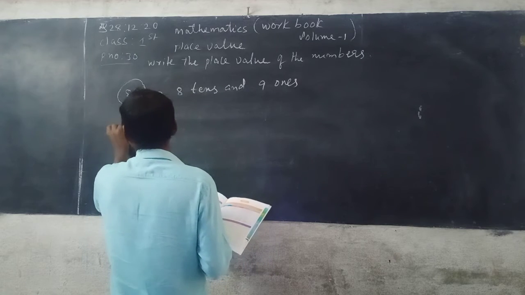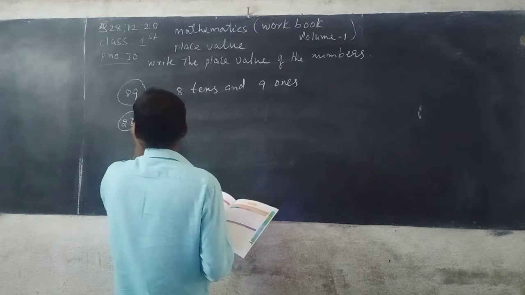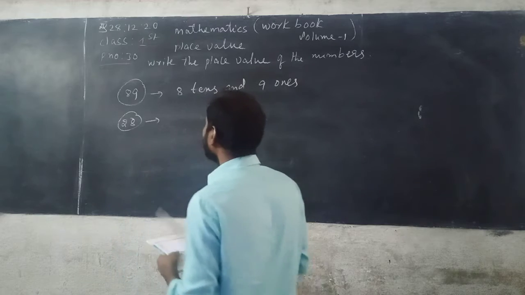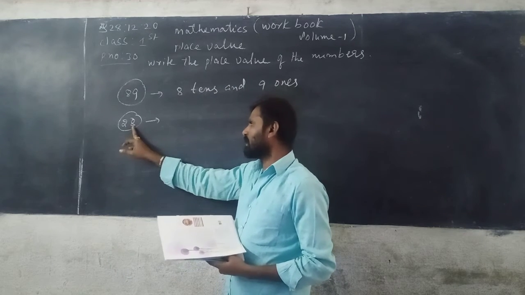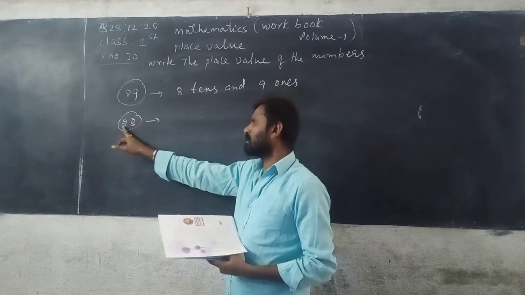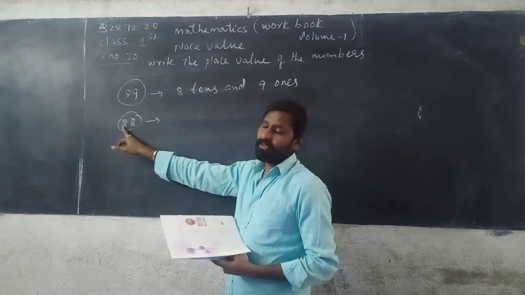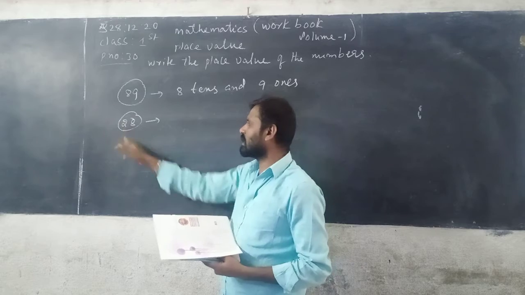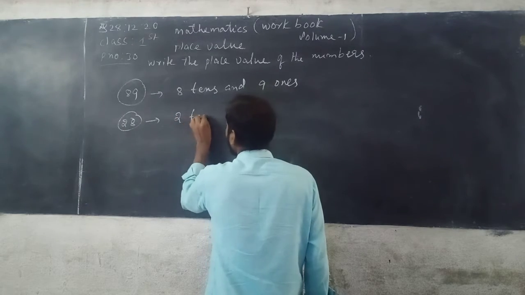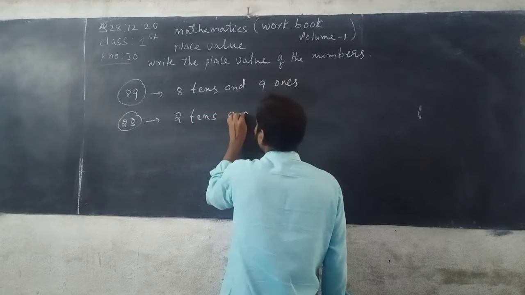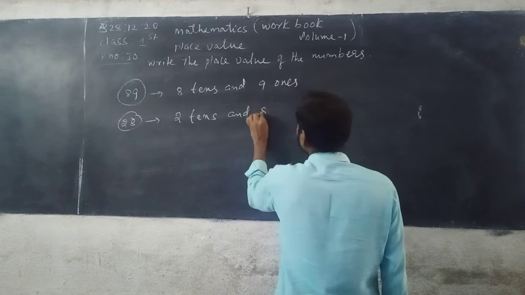Next 28. See here, 8 is in ones place, 2 is in tens place. From right to left side, first place is called ones place, then second place is called tens place. So 8 is in ones place, 2 is in tens place. You can write 2 tens and 8 ones.